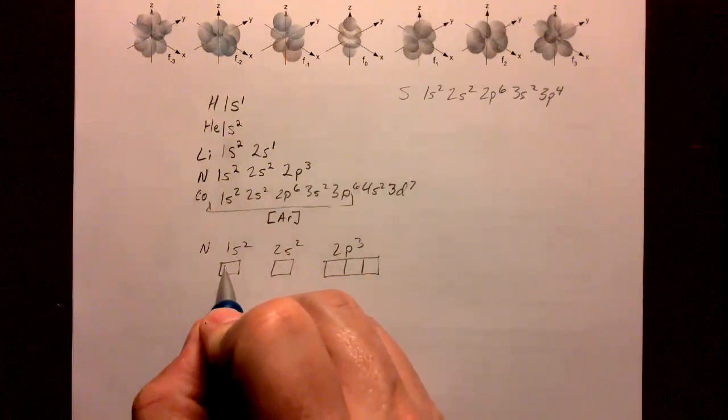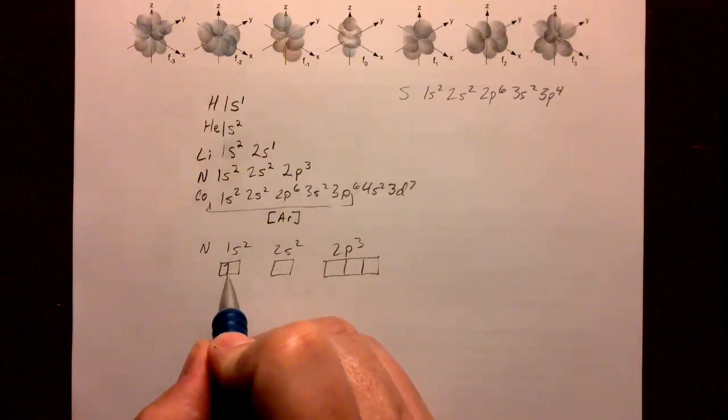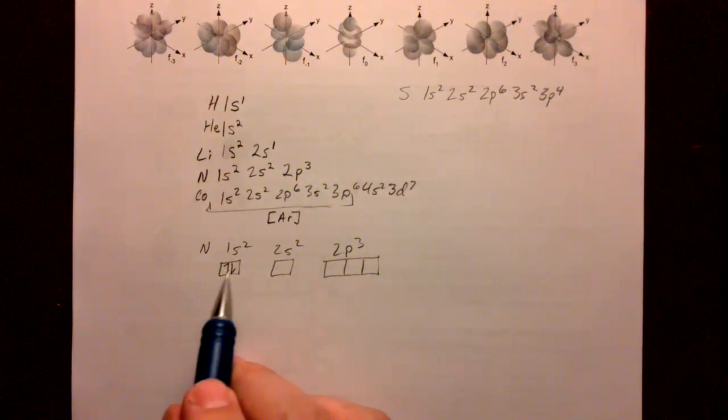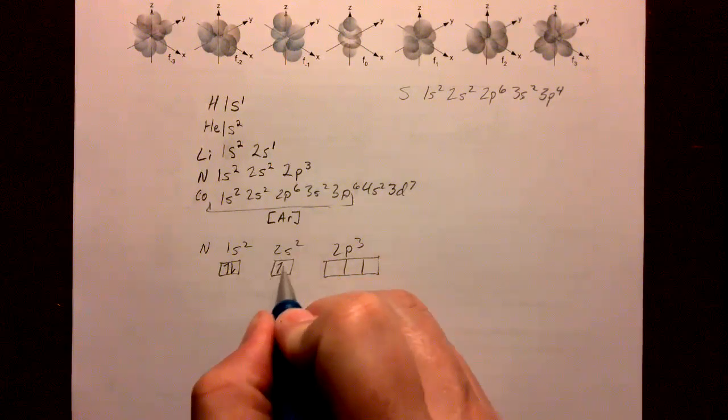That's usually depicted with an arrow, and everybody gets so tired of drawing both sides of the arrow that they just draw one half, and we get an up and a down, and that is our 2 electrons in the 1 orbital, and their north poles are opposite each other. And that will happen again here, both of them in here.